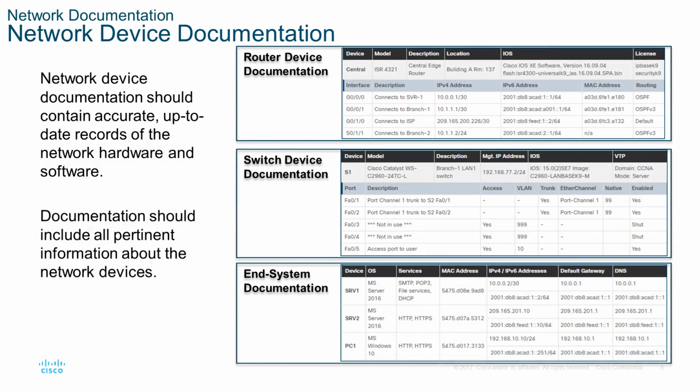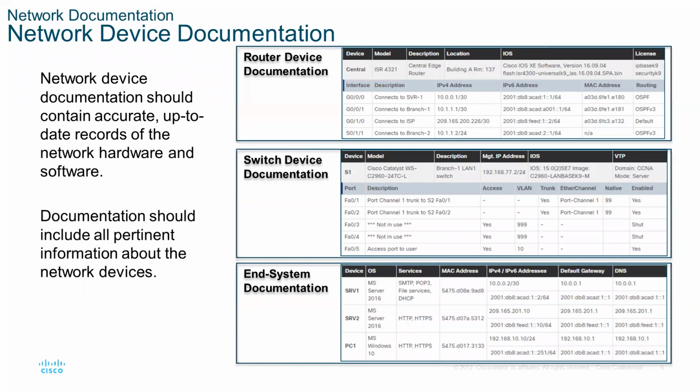So you can break that down into the individual device documents, which should be kept up to date. And these are examples of how you keep that. So you have your basic table of your device, your model, your description, the location, what version of operating system it's running, and what licenses are applicable to that device.